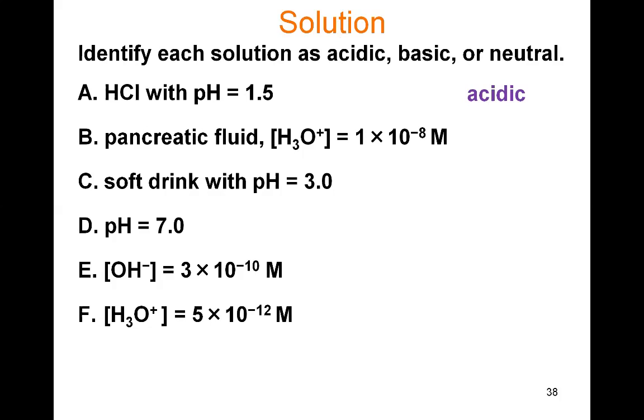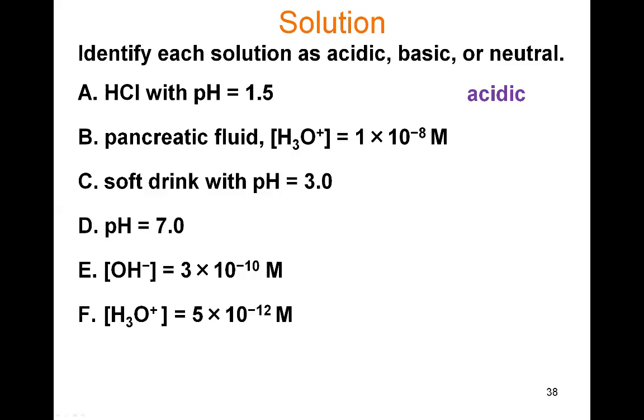So 1 × 10^-8 is smaller than 1 × 10^-7. Remember that when you have a negative exponent, it means here that you divide 1 eight times by 10. So this is smaller than dividing 1 seven times by 10.